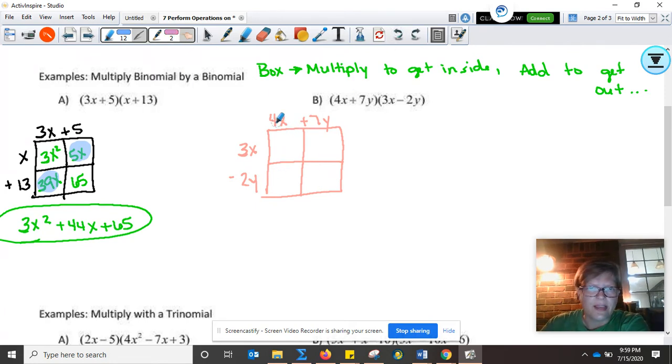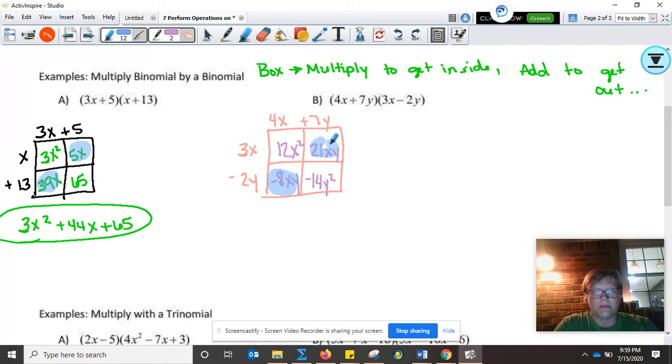So we have 4 times 3 is 12, x times x is x squared. 4x times -2y is -8xy. 3x times 7y is 21xy. And -2y times 7y is -14y squared. Okay, so look to see if you have any like terms.